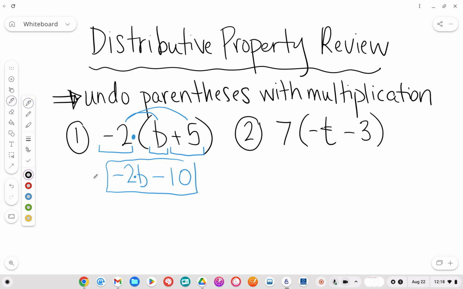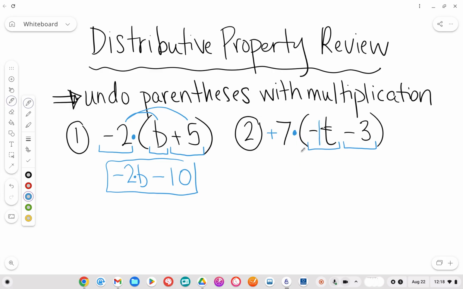Okay, so when we work this, again, we see 7 next to a parenthesis, so we remind ourselves that means we multiply. The terms we have inside the parentheses are a -t and a -3, okay? And this is a positive 7, even though they tend to not write it, it's like an invisible addition sign, kind of like invisible ones in front of variables, because this is an invisible -1, okay?